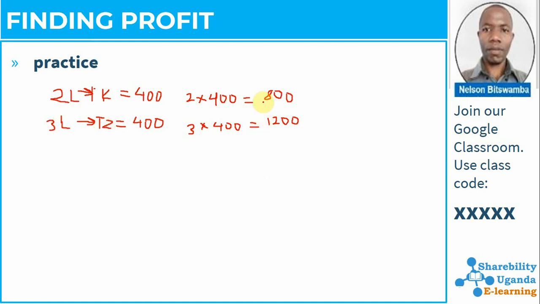So we shall sum up this value and come up with the total. When you sum up this, what is 0 plus 0 plus 0? All are zeros. 0 plus 2, we get 2. 8 plus 1, we get 9.